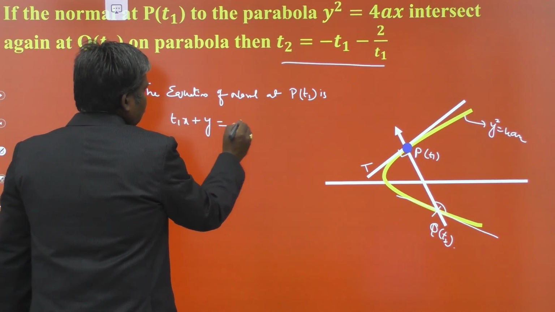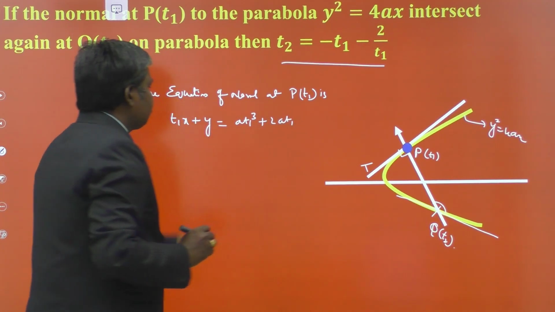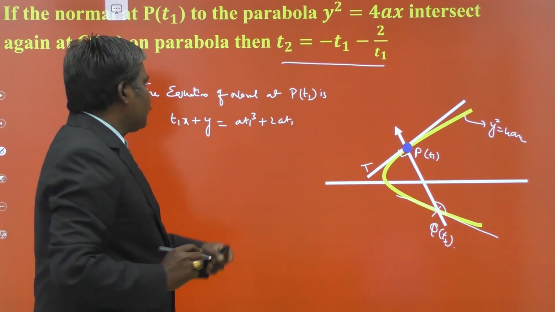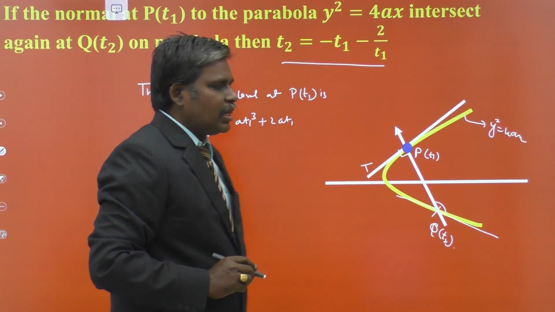t1x + y = at1^3 + 2at1. This is the equation of the normal at P(t1) to the parabola. It is passing through Q(at2^2, 2at2).